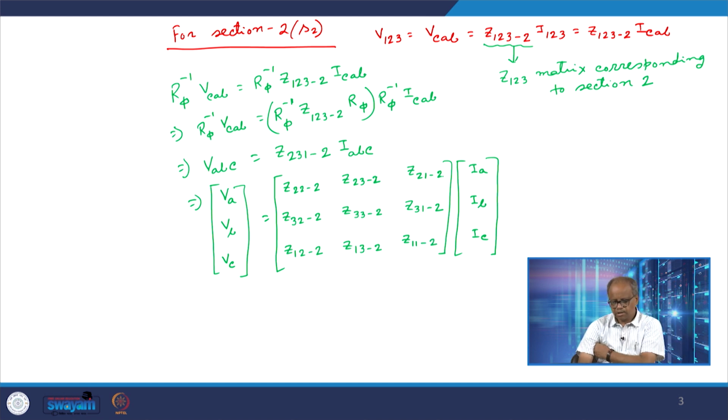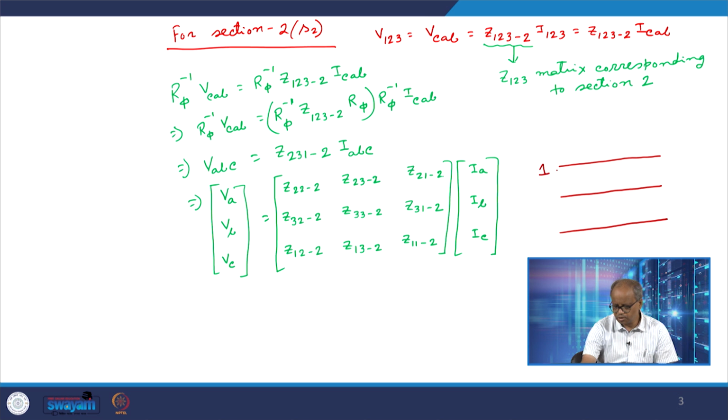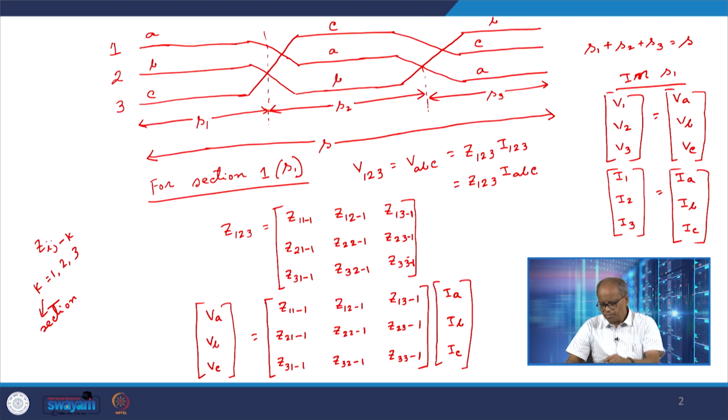So now you see that this same matrix can also be interpreted in terms of the positions. So let us look at how this matrix corresponds to the position. What I have here is position 1, position 2, position 3, and my phase conductors are CAB.